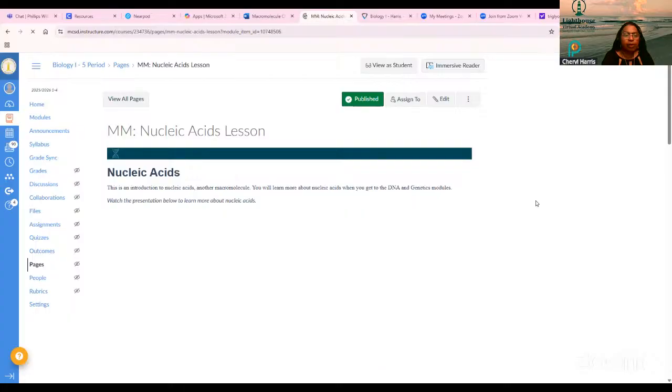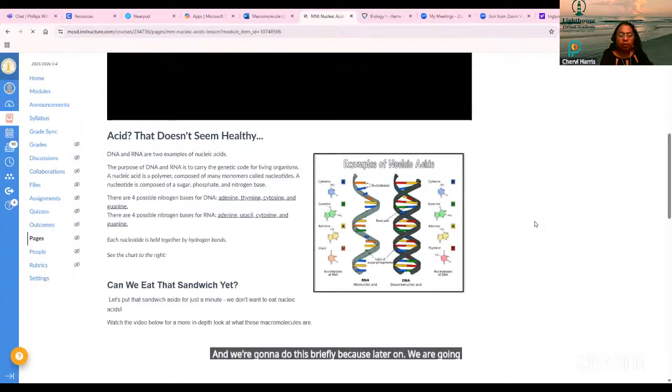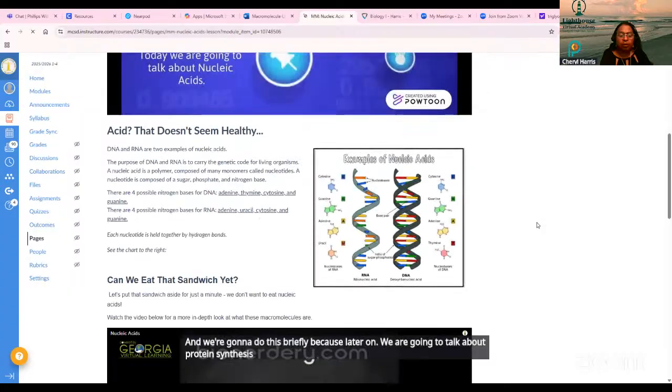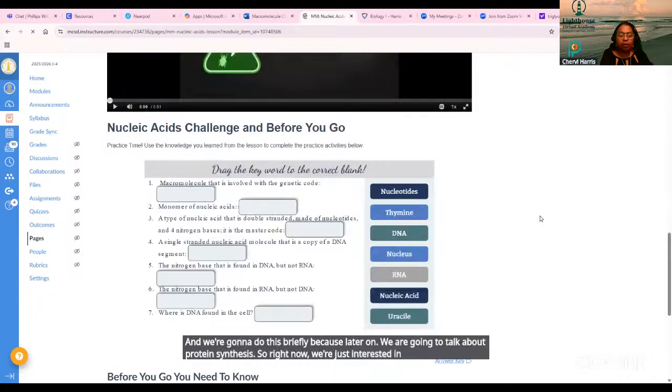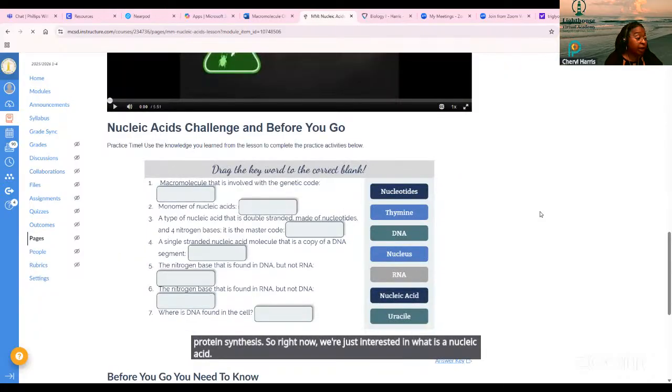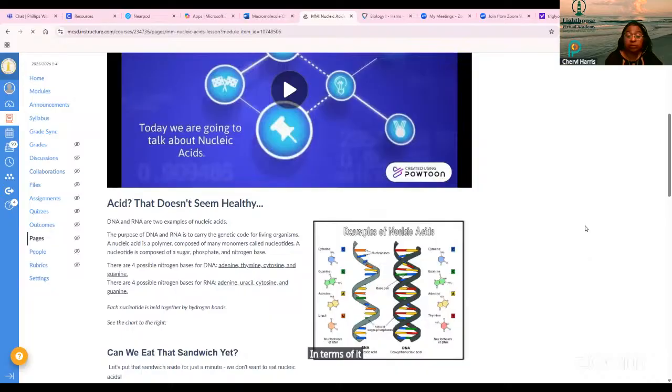And we're going to do this briefly because later on we're going to talk about protein synthesis. So right now we're just interested in what is a nucleic acid in terms of it being a macromolecule.